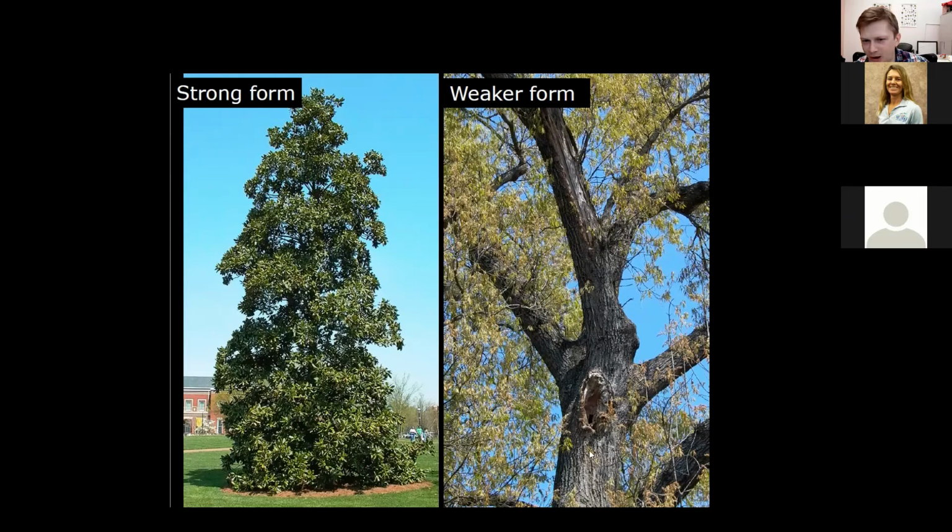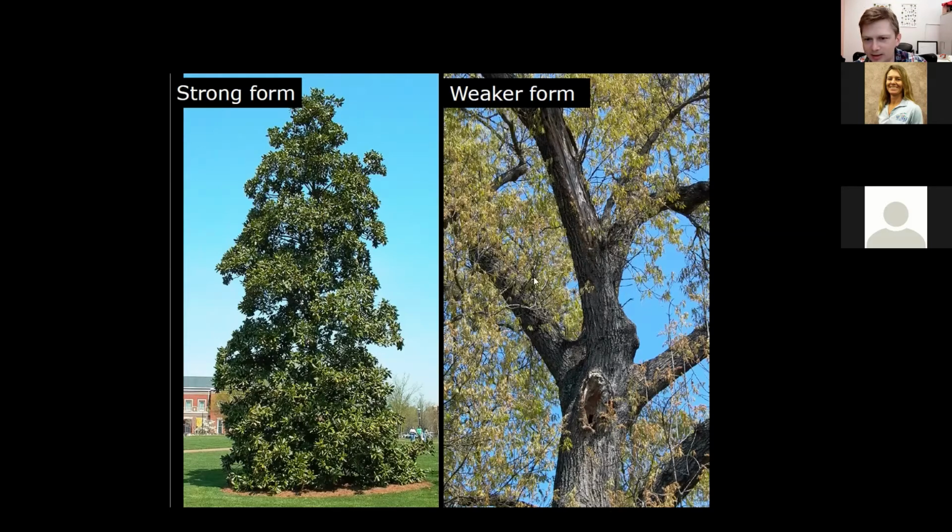Unfortunately, our most common canopy tree in Florida is the live oak. This isn't a live oak, but it's another type of oak. And you can see, like what we were talking about in terms of this aspect ratio, the ratio of the branch relative to the main stem is very large. You can even see here where one of the branches broke out from it.